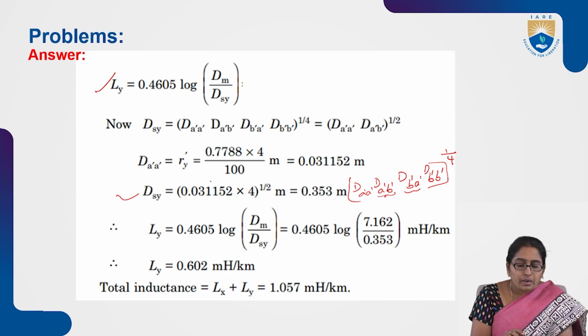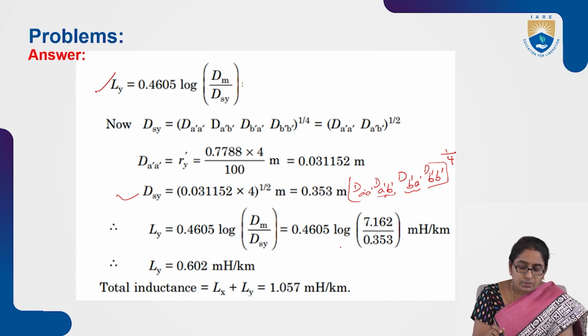And then what is DM? It's already there. DM is the same as for conductor X, the mutual GMD for the return conductor is also the same as for the go conductor. So it is substituted and obtained.